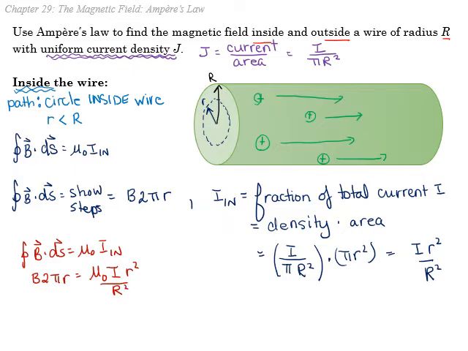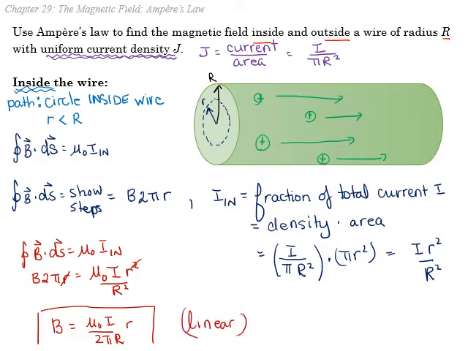I've got an r on the left and an r squared on the right, so I can divide both sides by r, and I get my magnetic field is equal to mu naught times I over 2 pi R squared times little r. So the magnetic field is linear with respect to distance from the center, and that makes sense. Okay, that's our field inside the wire.